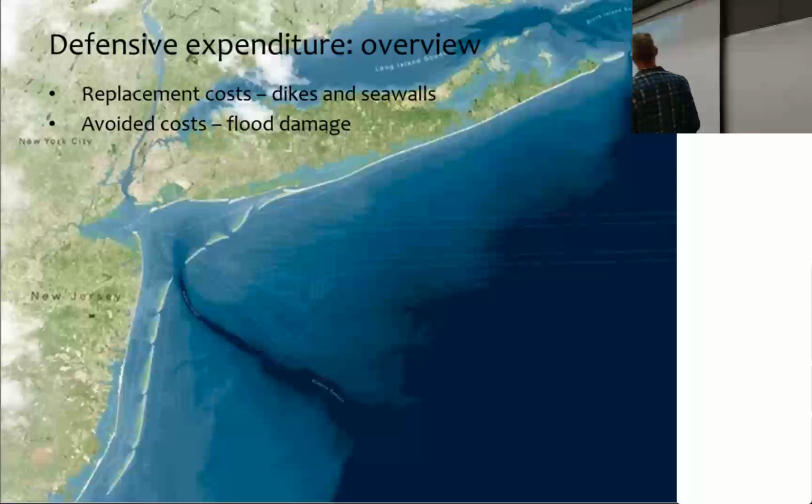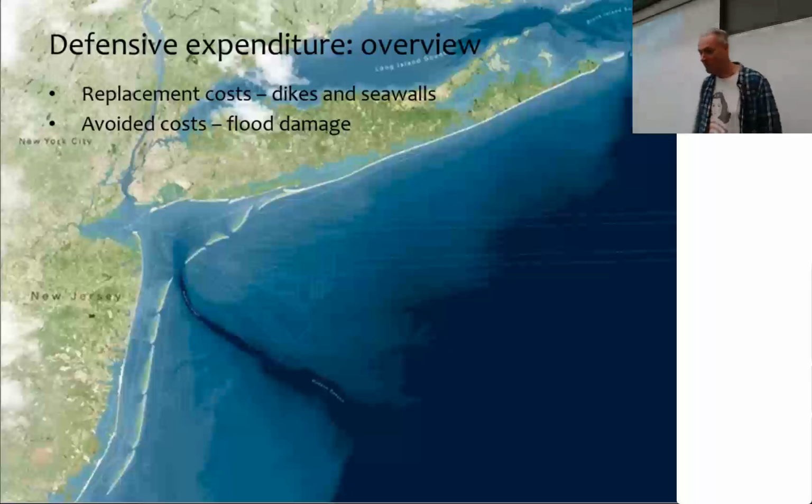This is New Jersey, this is Long Island, sorry. And in front of the coast, as you can probably see, there are barrier islands. Barrier islands are great for all sorts of things. Great for fish, great for birds, great for enjoying a day on the beach.